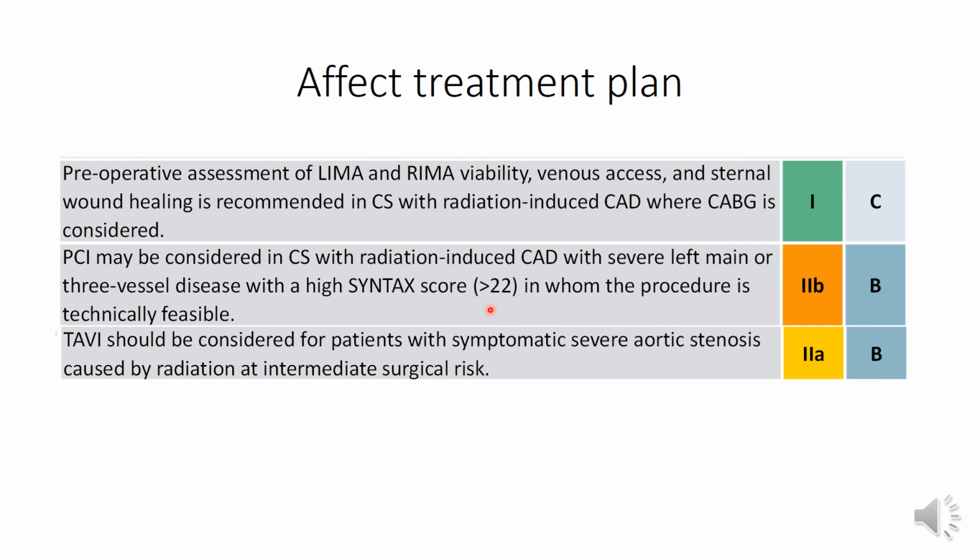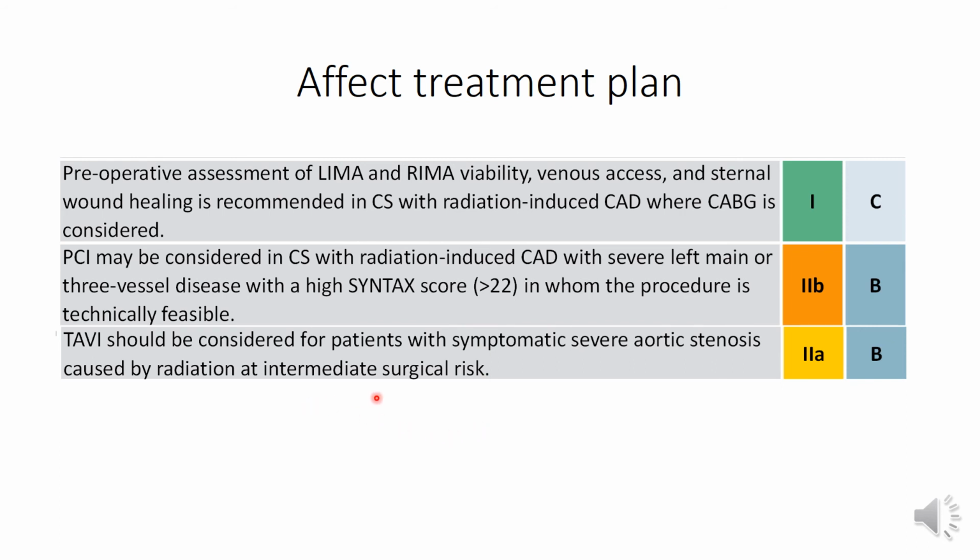Of note, the traditional risk scores like EuroSCORE II or STS PROM score underestimate the risk in this group of patients, because radiotherapy is not one of the parameters included in these scores. And the patient faces a very difficult surgical field with extensive fibrosis around the heart, and as we said, the grafts we might use might also be affected.